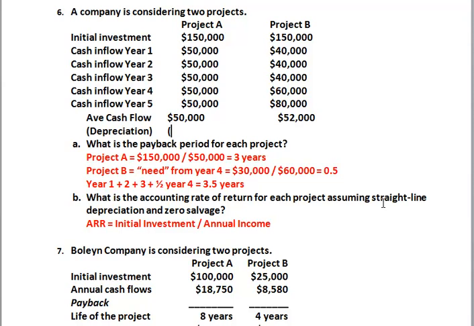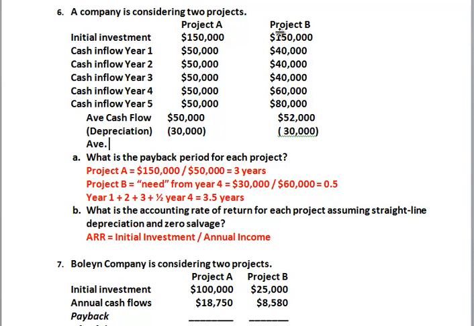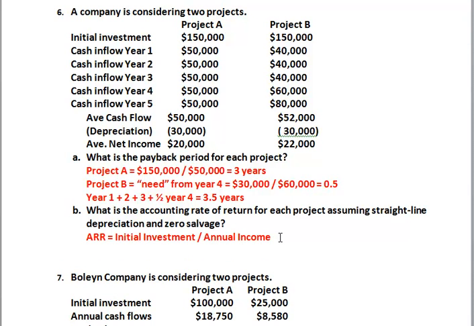So we assume straight line, 5 years, so that's going to give you $30,000 of depreciation a year. So your average net income for project A is $20,000, and your average income is $22,000 for project B, and that's what you're going to use to calculate the accounting rate of return.